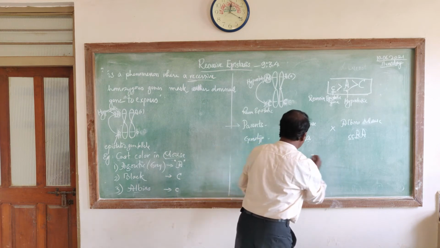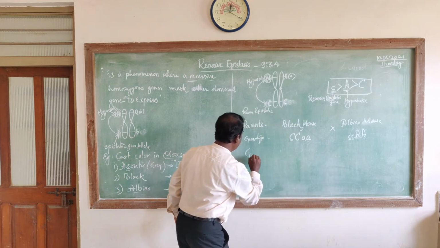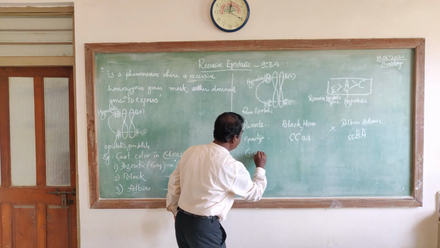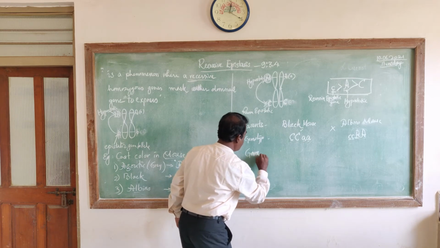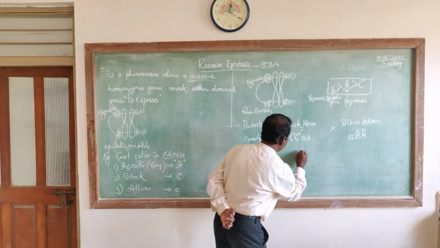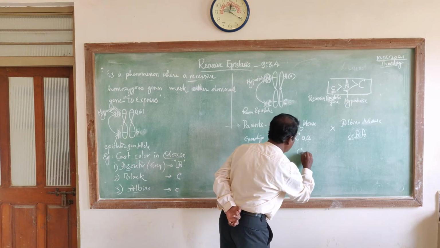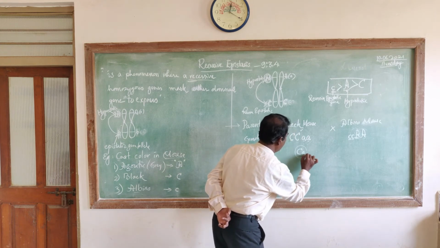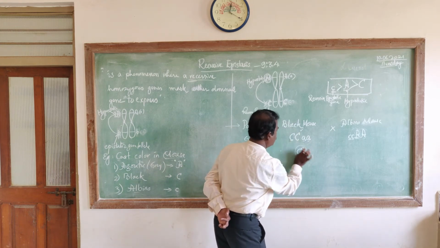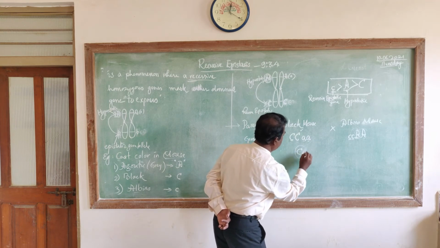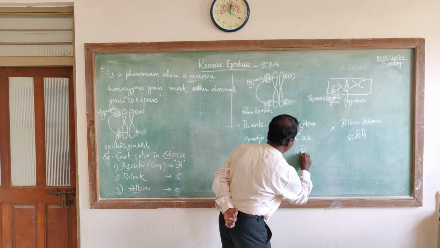So when we cross these two, gamete formation, where alleles combine, what do we get? Gamete, that is capital C, small a. Sorry, capital C, small a, right?